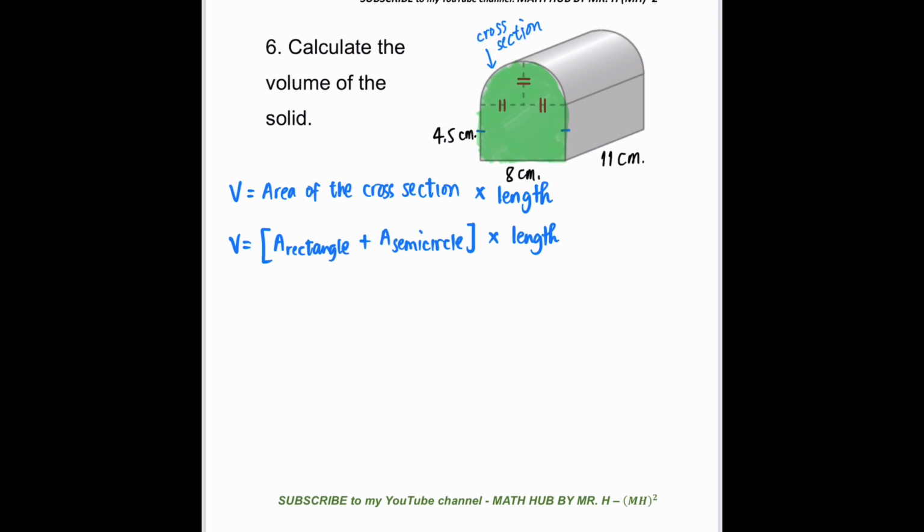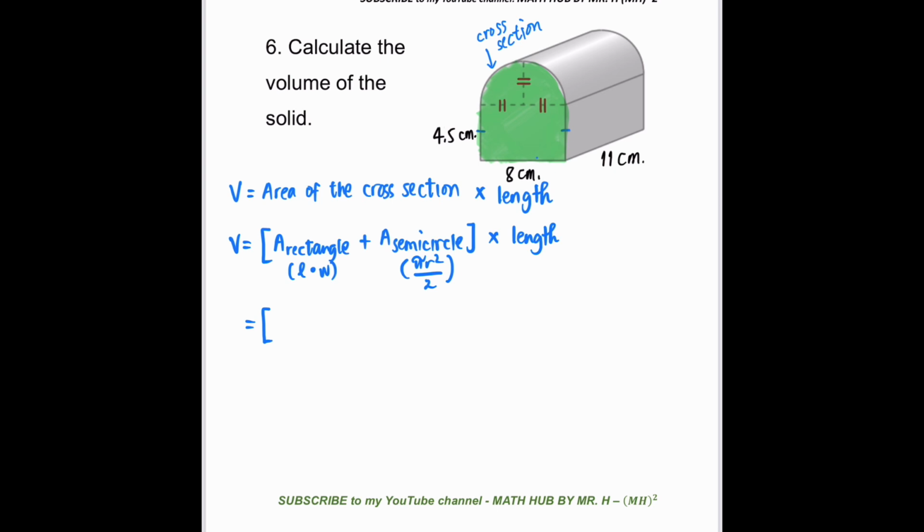The area of a rectangle is length times width. And the area of a semicircle is technically half of the circle. If the area of the circle is pi r squared, then it's going to be pi r squared divided by 2. For the area of the rectangle, we have the length times the width.